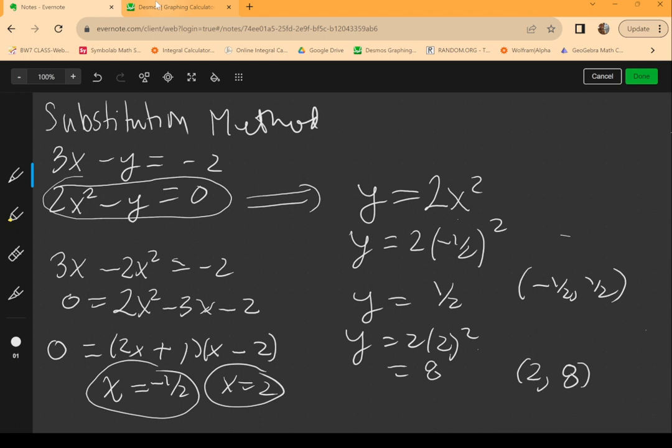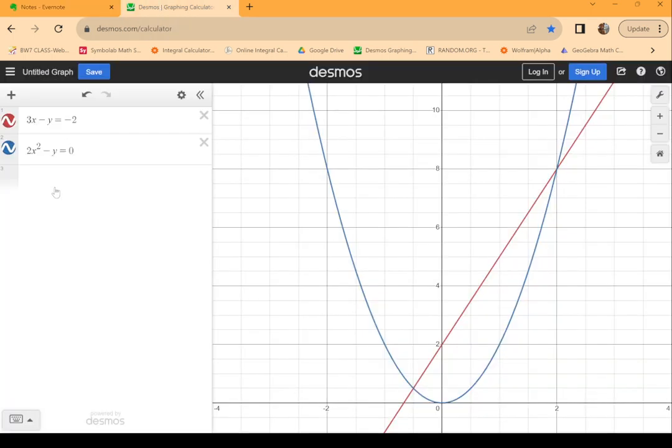Right. And we can see here the substitution method in action. And just to confirm, we can plug in negative 0.5. Right, we see that's one of the solutions.